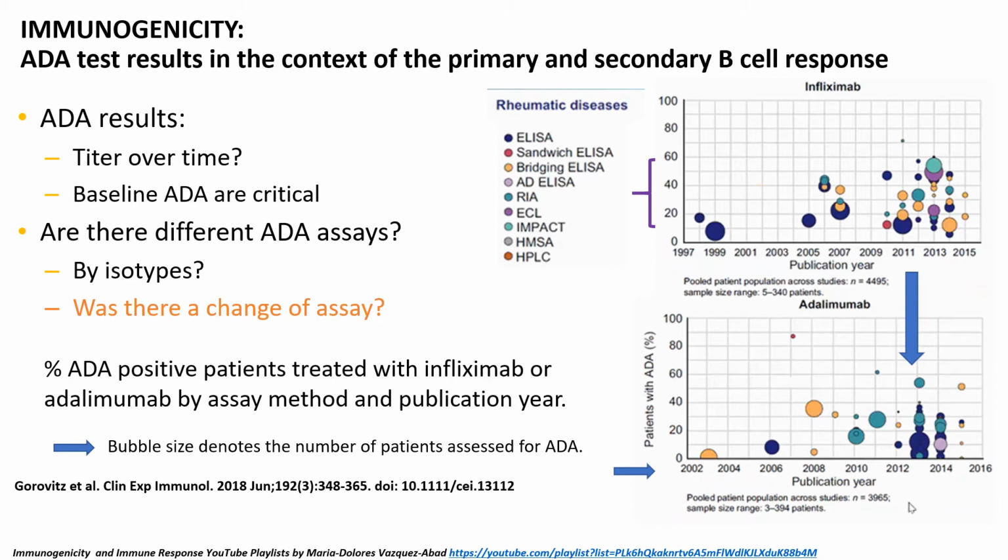What is the message? What is the real percentage of patients that create anti-drug antibodies? I don't know the answer, but it's very important that you realize that it's not a straightforward, simple interpretation. You need to understand all the elements around it.